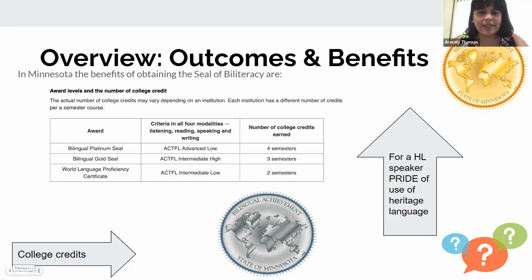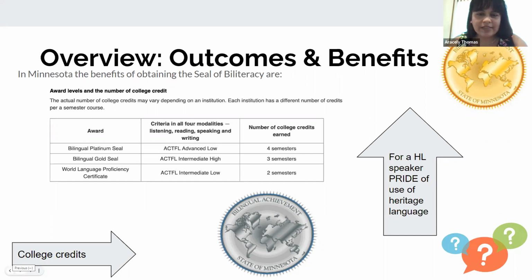Minnesota has high language proficiency standards and is a strong model for the Seal of Biliteracy because students have the possibility of obtaining college credits for their Seal of Biliteracy scores.